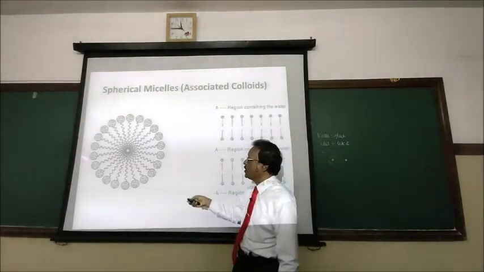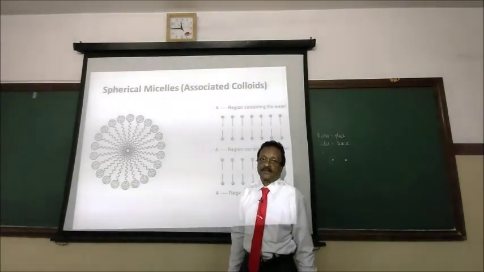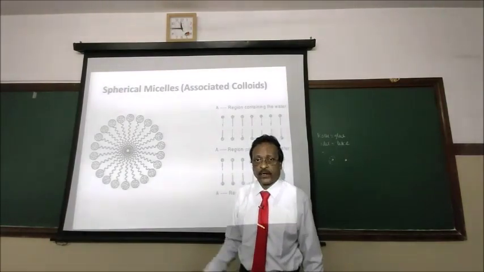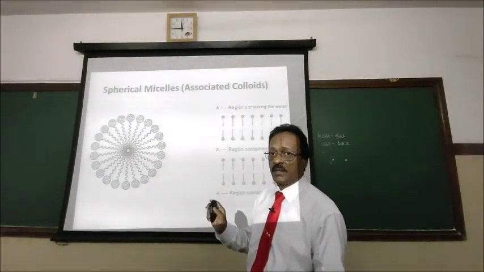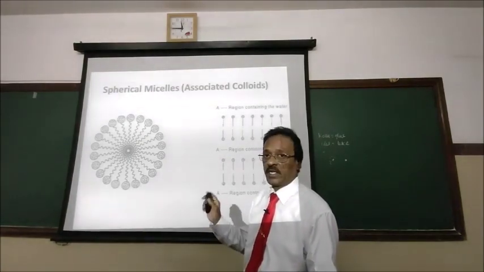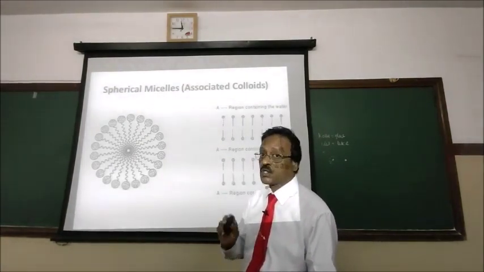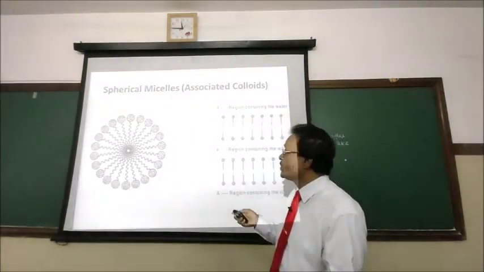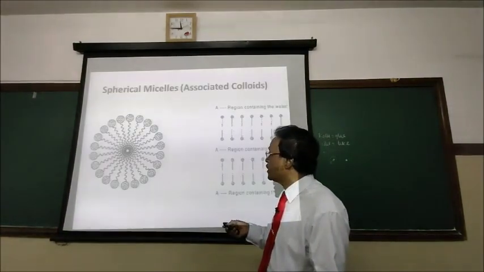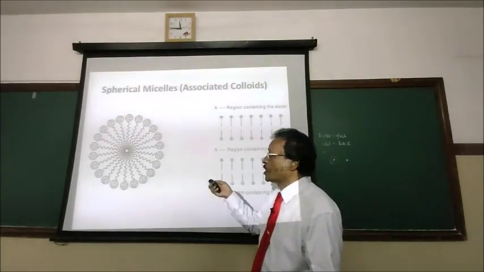So this is called an associated colloid. Okay, friends, you can understand there are three types: multi-molecular colloids, macromolecular colloids, and associated colloids. So this is micelle formation; the micelles are formed by associated colloids.